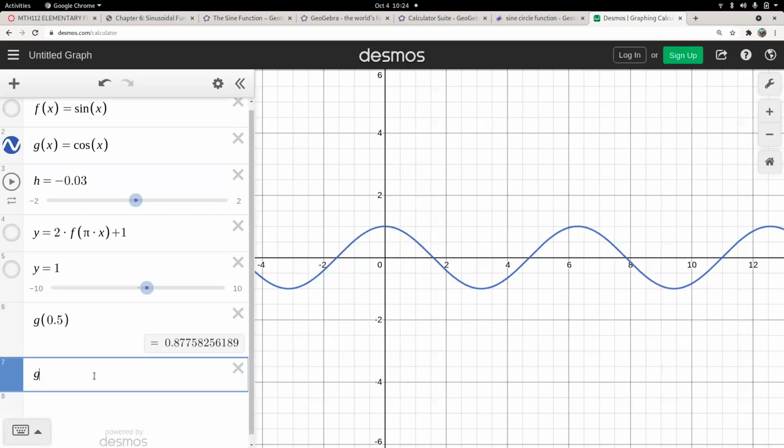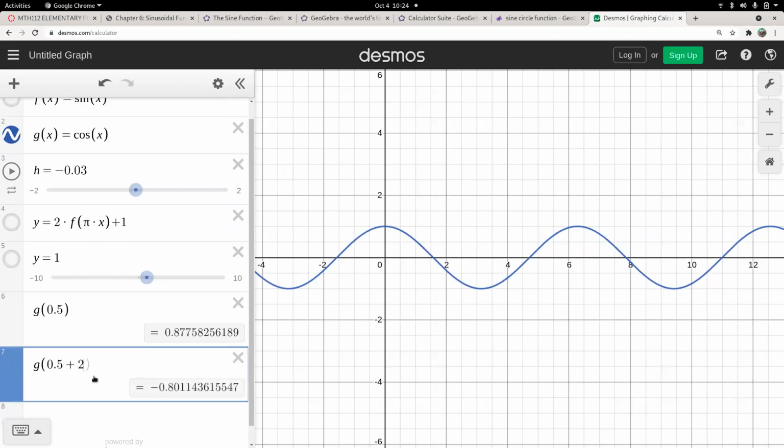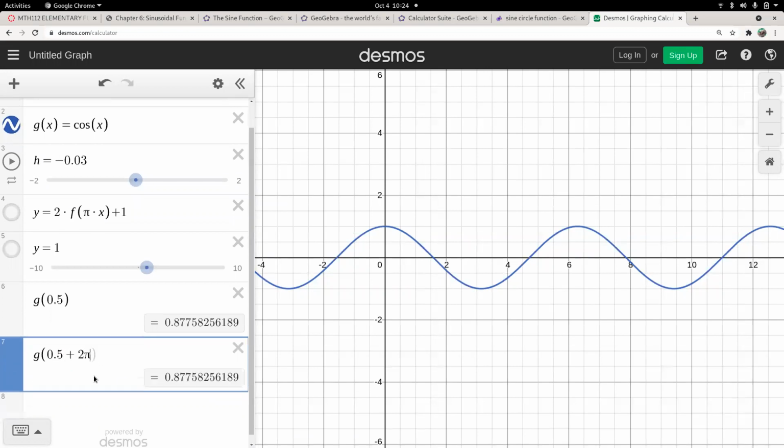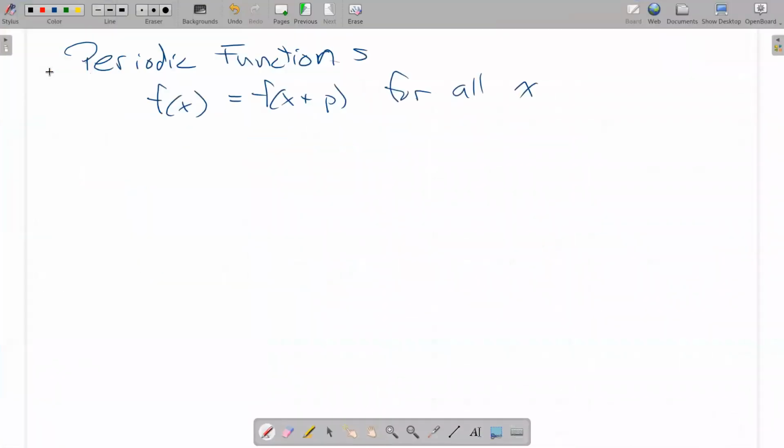So what is g of 0.5 plus 2 pi? Exactly the same y value. And it doesn't matter whether I start at 0.5 or 0.7 or negative 0.3, the y values will match if I add on 2 pi, just because of the nature of the sine and the cosine. So they are periodic functions.